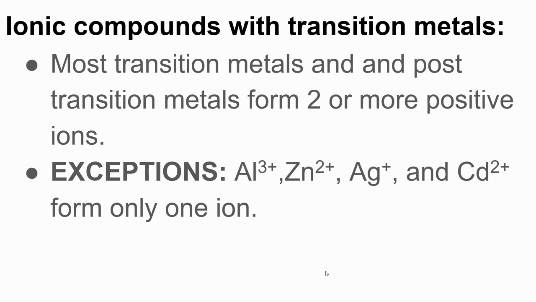Most of the transition metals and post-transition metals and lanthanides and actinides have more than 1 charge. So these are our exceptions again. Aluminum is 3+, zinc is 2+, silver is always +1, cadmium is always 2+. Okay, those are our exceptions. So if they show up, you should know they always form the same charge.